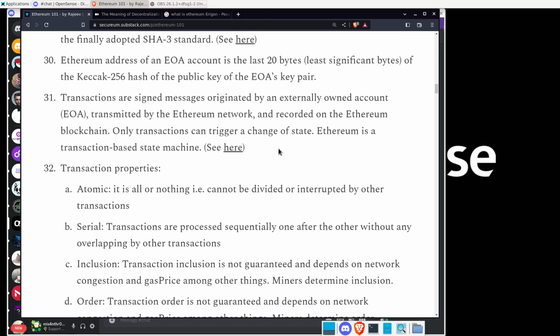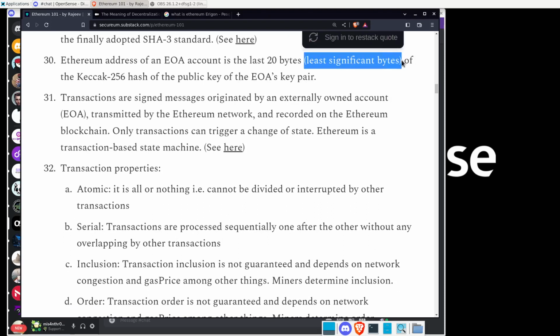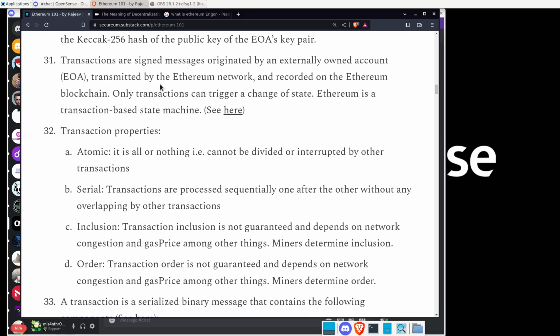The Ethereum address of an EOA account is the last 20 bytes, the least significant bytes, of the Keccak-256 of the public key of the EOA key pair. Transactions are signed messages originated by an EOA, transmitted by the Ethereum network, and recorded on the Ethereum blockchain. Only transactions can trigger a change of state.